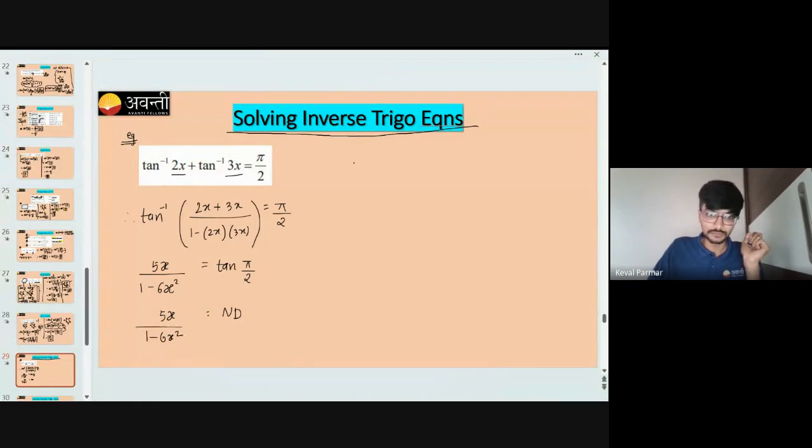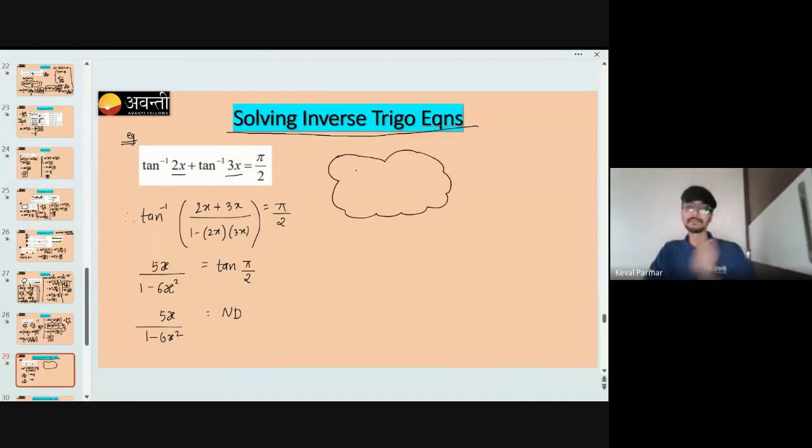Now, if you remember some basic maths, any quantity which is in a fractional form, numerator upon denominator, when it gets not defined, that means the denominator is equal to 0. Any numerator upon 0 will automatically give us not defined.